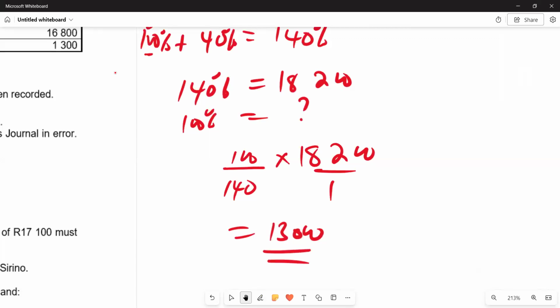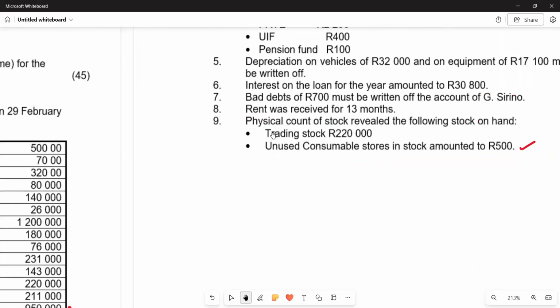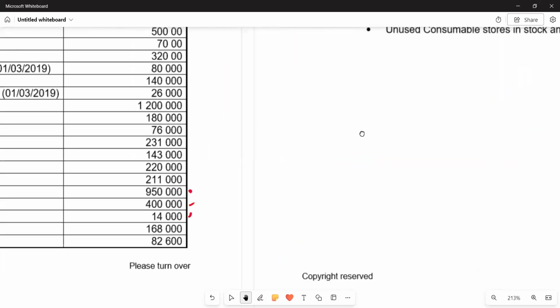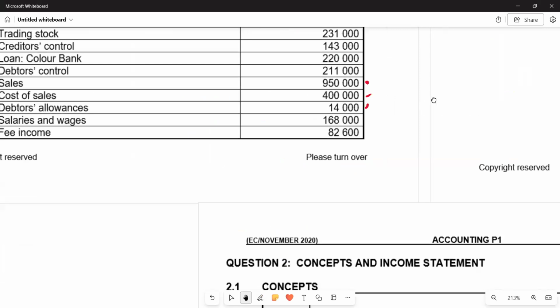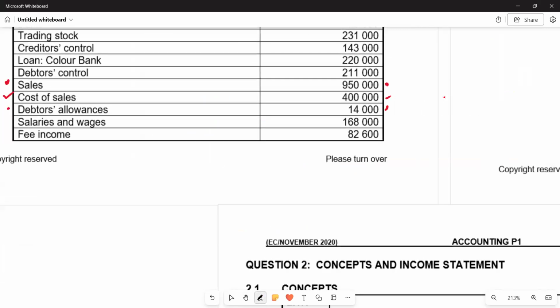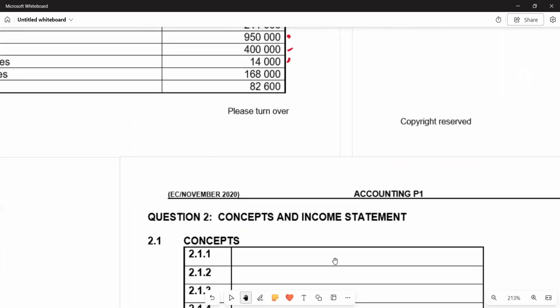So this is going to be the cost. So it's going to increase the cost of sales. This is the cost of the goods that we sold, so you are going to add them to the cost of sales figure. Remember, we identified the cost of sales figure there, and we are saying it's 400,000. So we're going to say 400,000 here plus 13,000 that we got there as our cost of sales that was omitted.